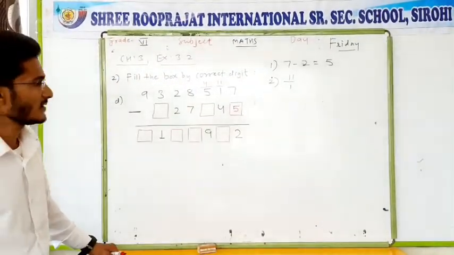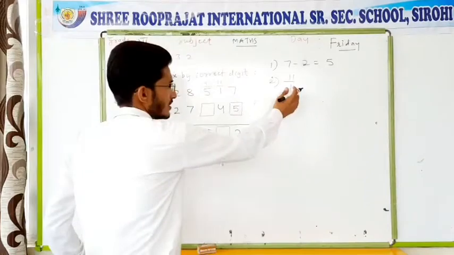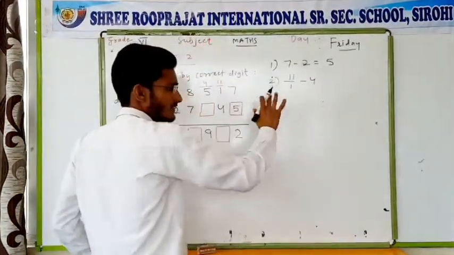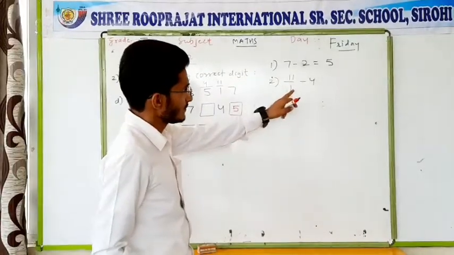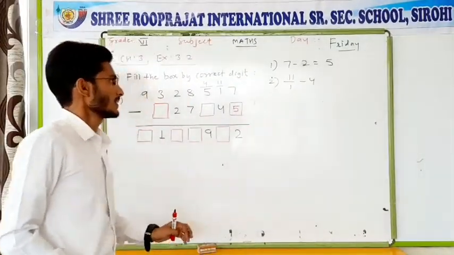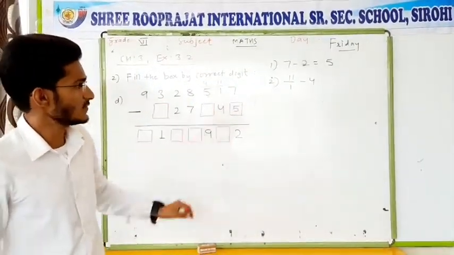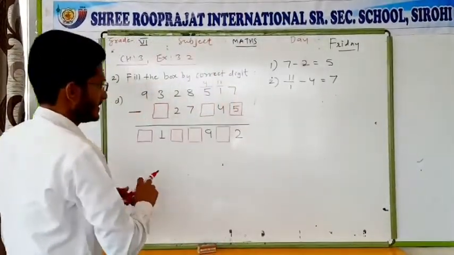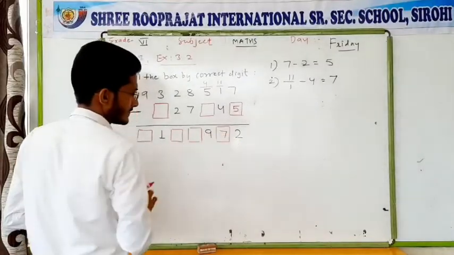So it is not now 1, it is now 11. In place of 1, now it is 11. Okay. So if we subtract 11 minus 4, you will get 7. That means in this box there is a 7.